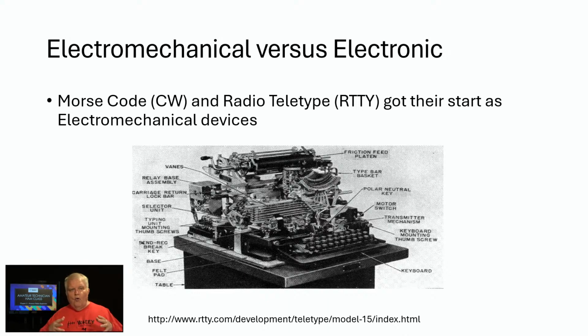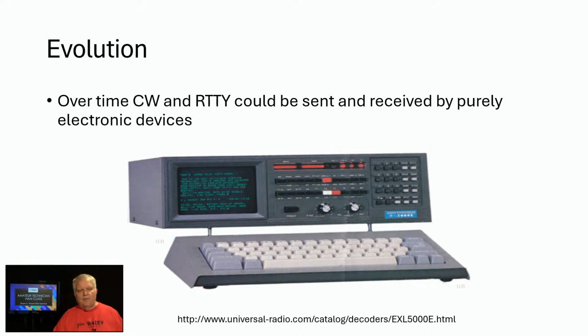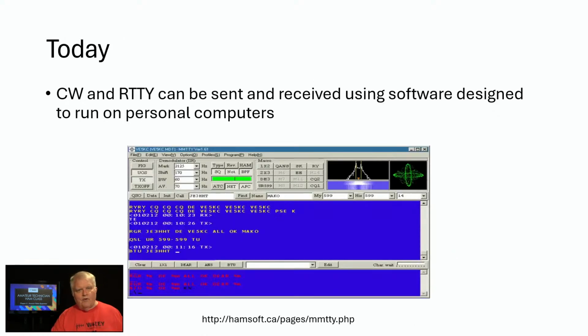The old electromechanical devices like you see here were incorporated into radio transmitting systems as well. So there was an evolution, and the electromechanical became much smaller, and this was a specialized radio teletype modulator system here. Nowadays, software on your personal computer can easily send and receive not only radio teletype, but even Morse code. So we can tell you about some of the names of these programs as we go along.